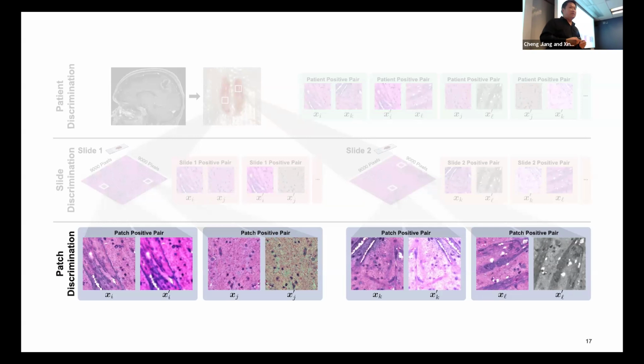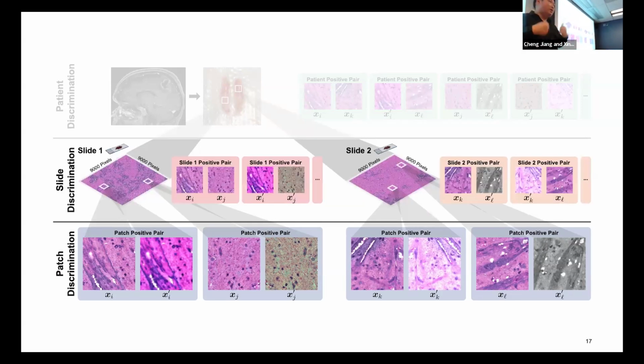So what we can do is look at where these patches come from. Maybe these patches come from the same slide. If we have this information, which we almost always have, we can construct positive pairs based on their slide membership.